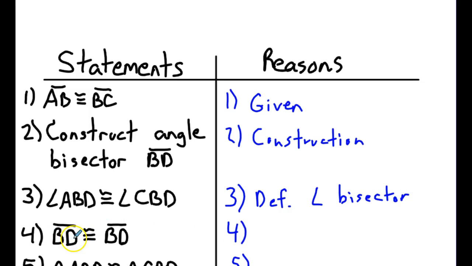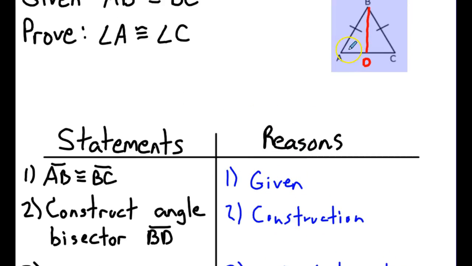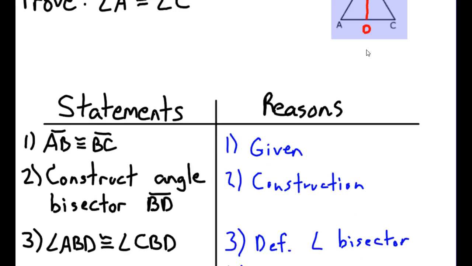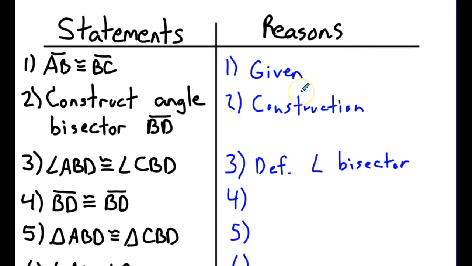Step 4, BD is congruent to BD. So now you can see we have two triangles that are formed. Okay, they share this common side. Well, if they share a side, that side is going to be congruent to itself. And that is called the reflexive property.